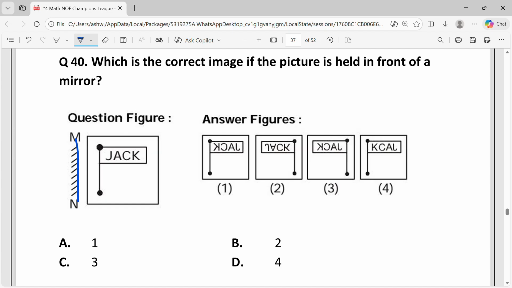So the flag stick, which is now at the left end, will go to the right end. That is 1 and 4 is not the option. The word Jack written on the flag will also invert, laterally, not vertically. So 2 is not the answer. Answer is 3. That is C.